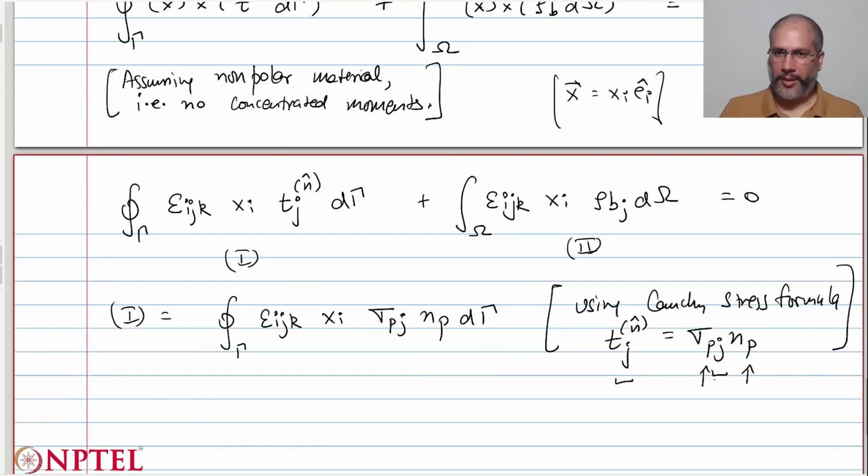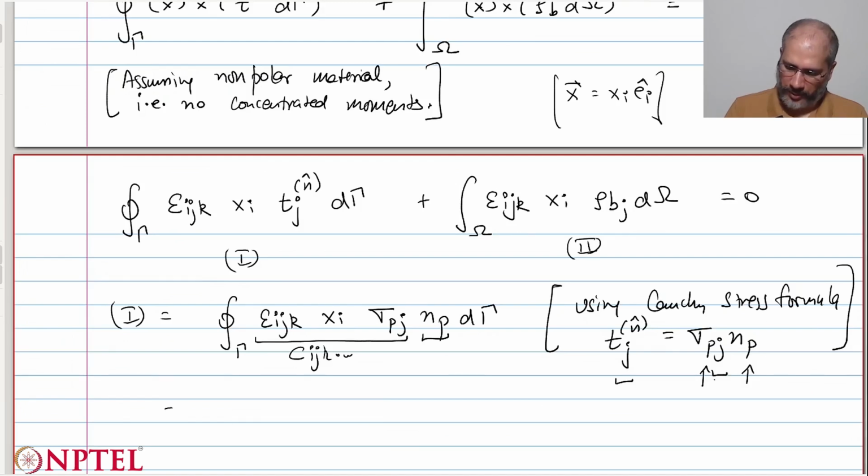So we can now apply Gauss's theorem. So we have a quantity times n_p integrated over d gamma. So this quantity is our C_ijk. So we apply Gauss's theorem. So this becomes an integral over omega now: epsilon_ijk x_i sigma_pj comma p times d omega.